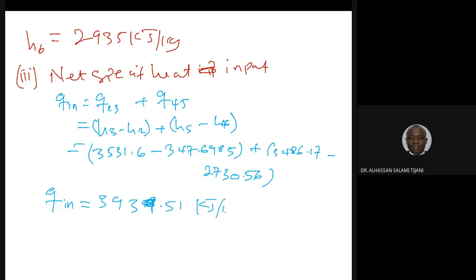So now we need to find the mass flow rate of the steam.